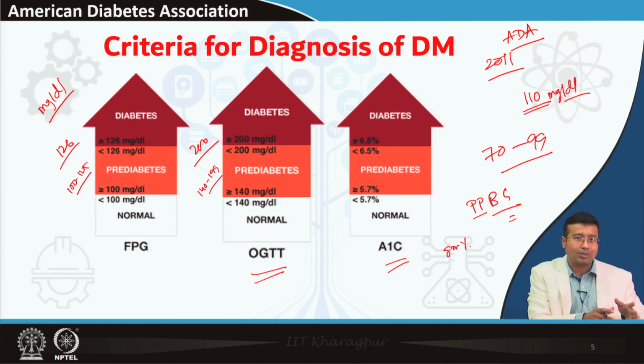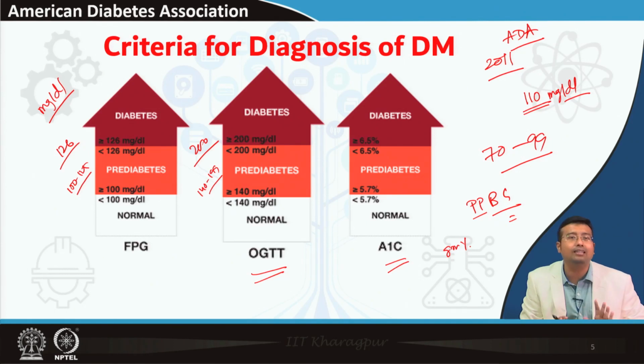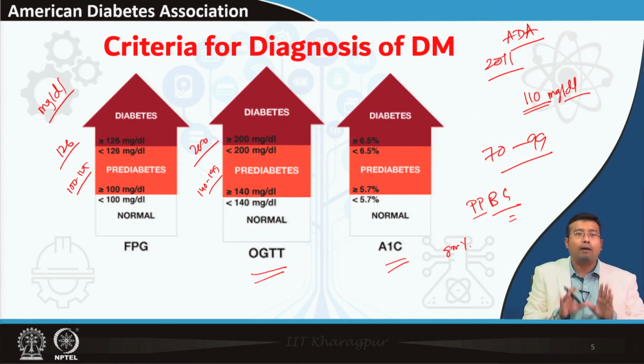Unit of blood glucose was in mg, this is gram, and for diabetes the cutoff is more than or equal to 6.5. So, 5.7 to 6.5 falls in pre-diabetic state, okay. So, this is all about the diagnostic criteria of diabetes mellitus according to American Diabetes Association guidelines, okay.